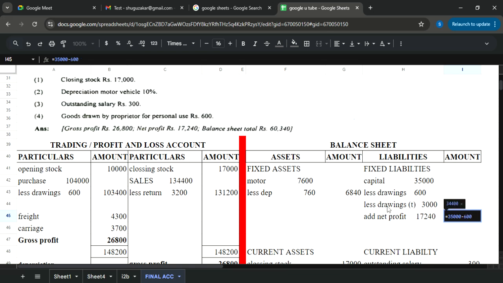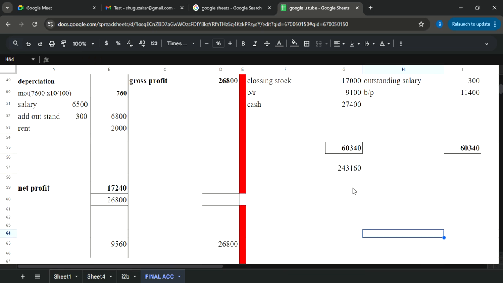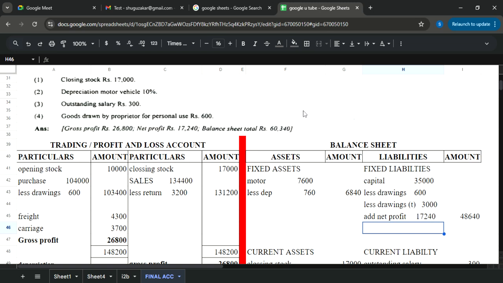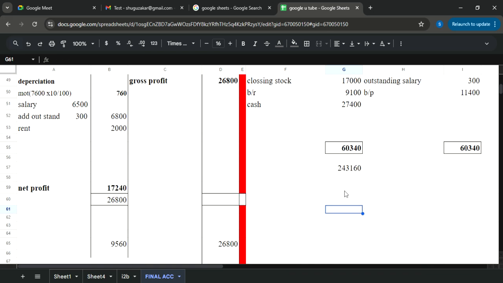Then again drawings and you will subtract 3,000. And then net profit should be added, and the amount was 17240. Okay, so when you have taken the total, 60340, and look here, 60340, and on this side the asset side is 60340.